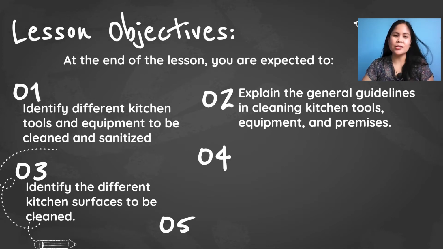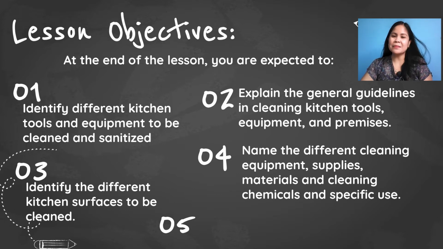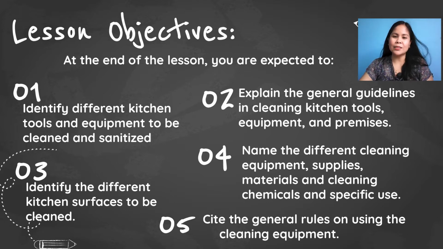Identify the different kitchen surfaces to be cleaned. 4. Name the different cleaning equipment, supplies, materials, and cleaning chemicals and specific use. And then for last, cite the general rules on using cleaning equipment.